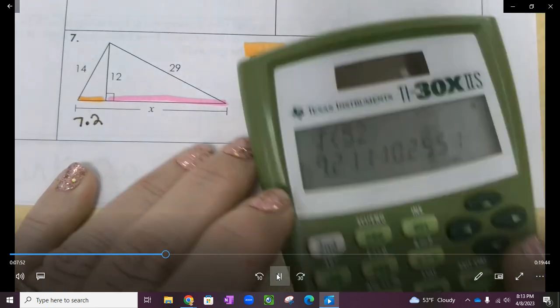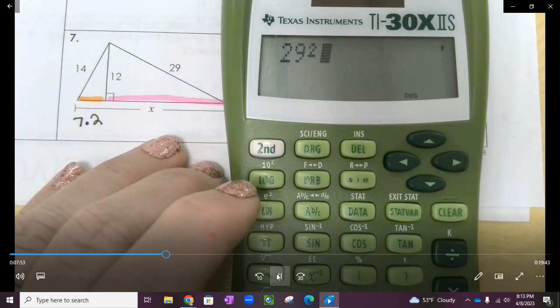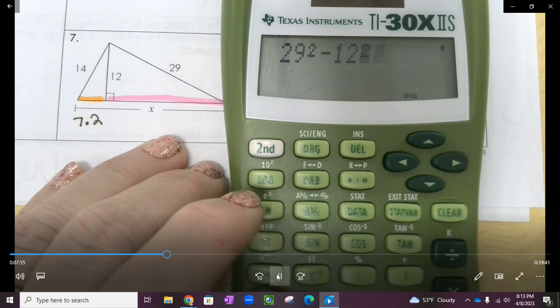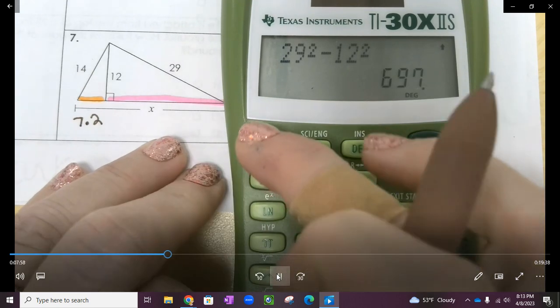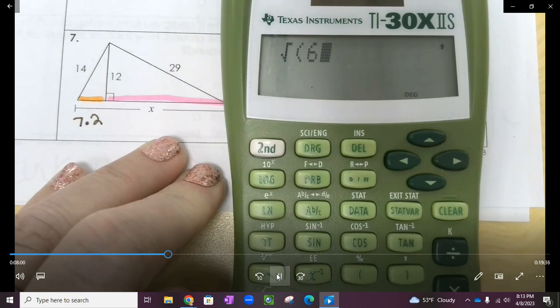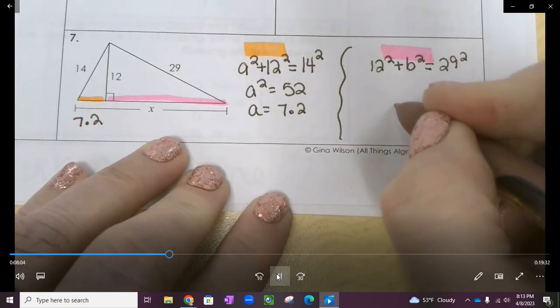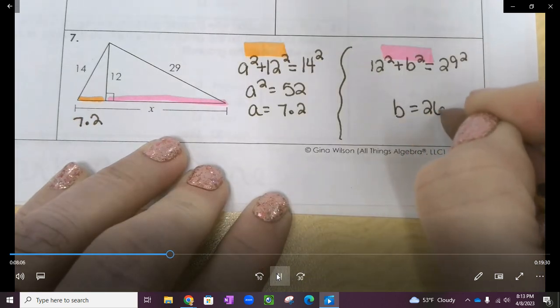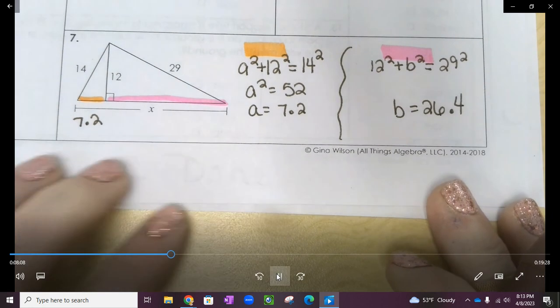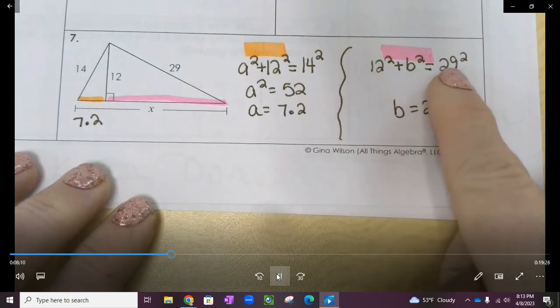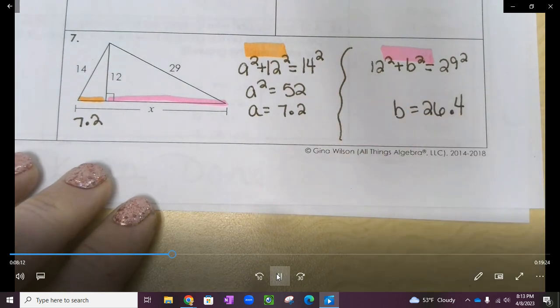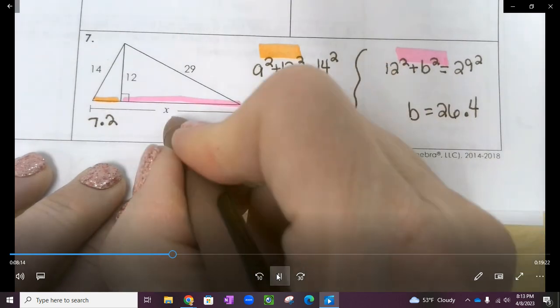And for the pink, 29 squared minus 12 squared. And then we're going to square root that. 26.4. Okay, so I subtracted this, took the square root, didn't show you that step, 26.4.